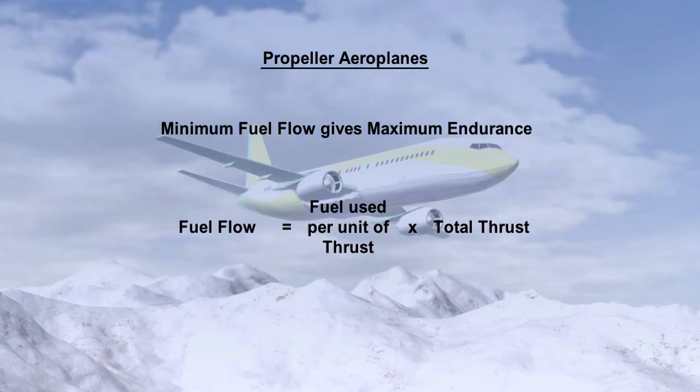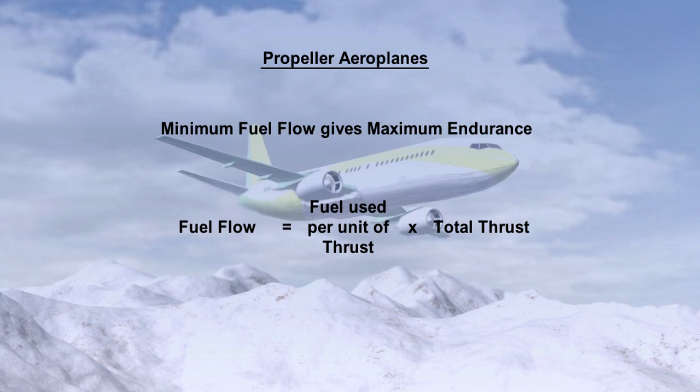The situation with endurance and fuel flow for a propeller airplane is very similar to that for the jet aeroplane. There is just one small difference in the formula we use. Turboprop and piston engines first convert chemical energy in the fuel into power output on a shaft. The propeller then converts that power into thrust.